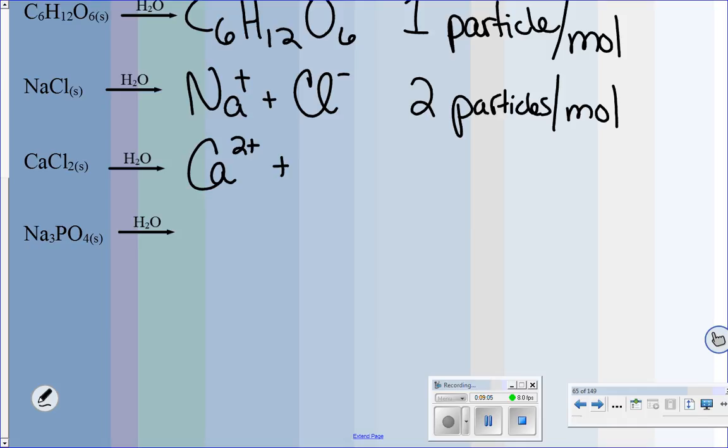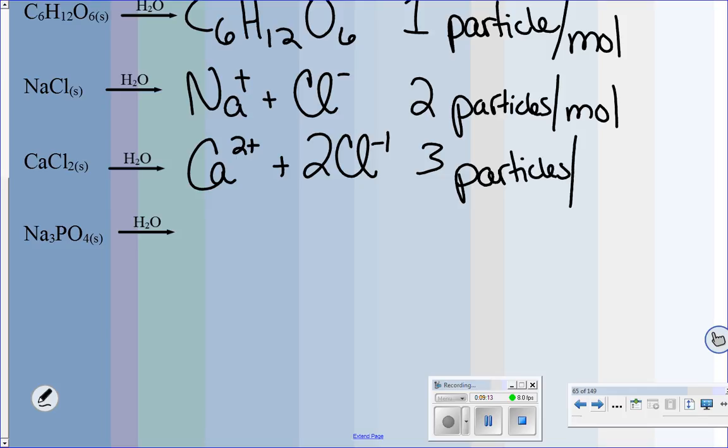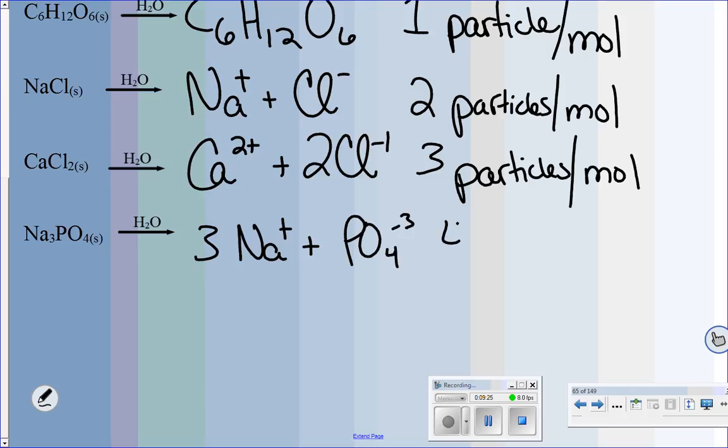Calcium chloride actually gives us 3 ions when it dissociates, so it breaks into 3 particles per mole. And if we were to dissociate sodium phosphate, we get even more. We get 4 particles per mole. Holy cow.